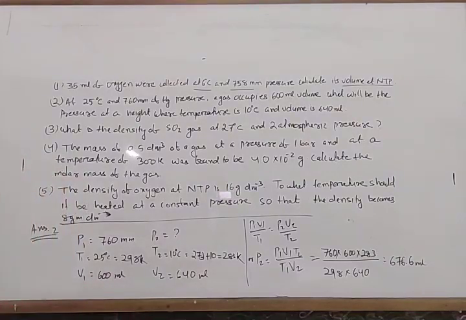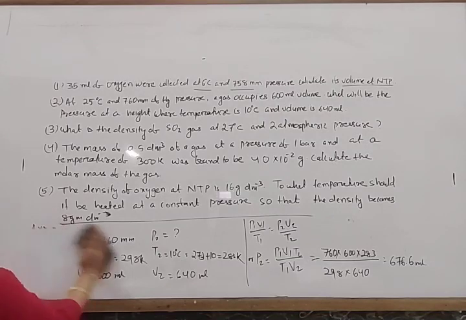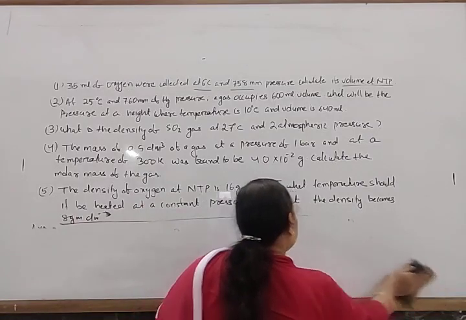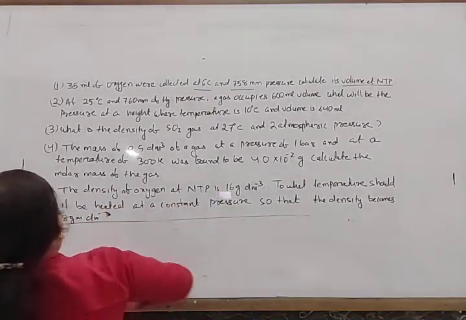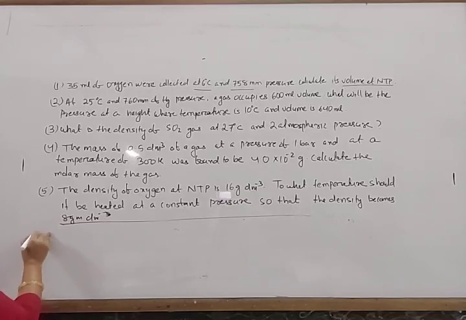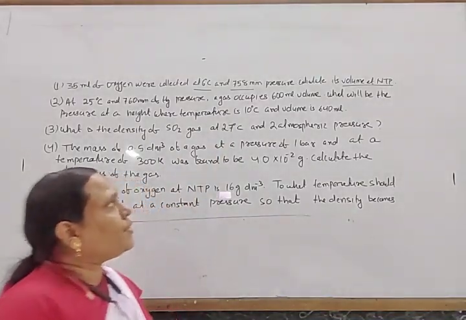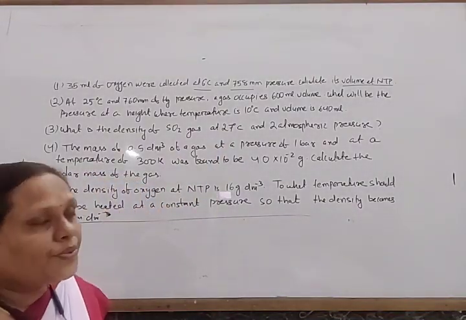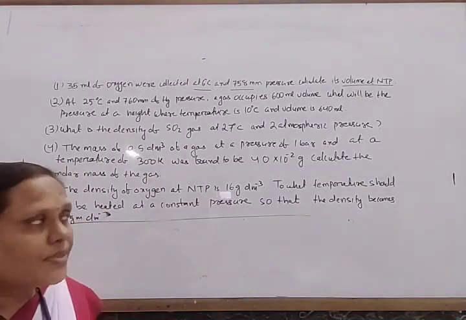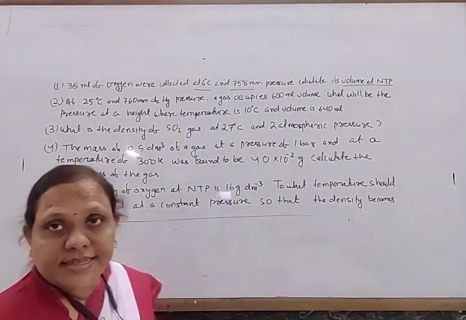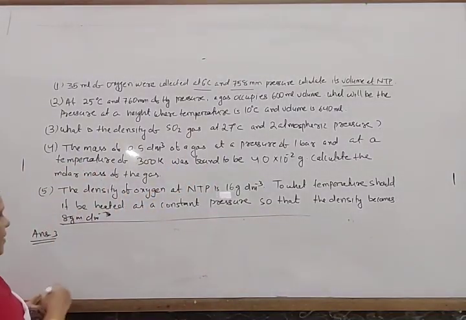Next, question number 3. What is the density of sulfur dioxide gas at 27 degrees Celsius and 2 atmospheric pressure? This question is about density. Look here, what are the things given?